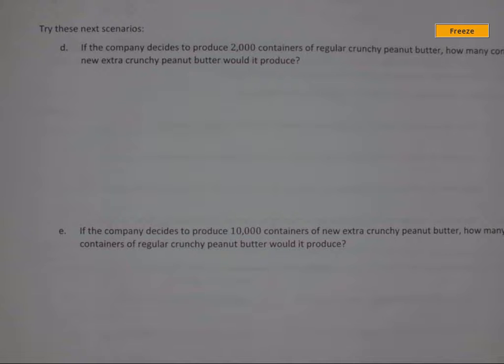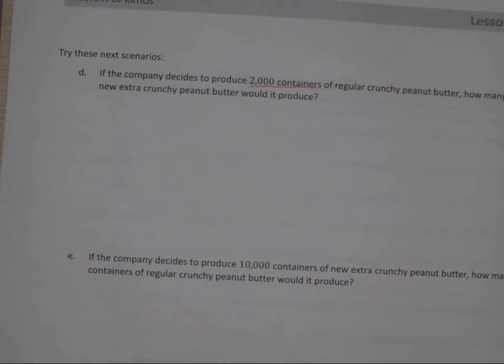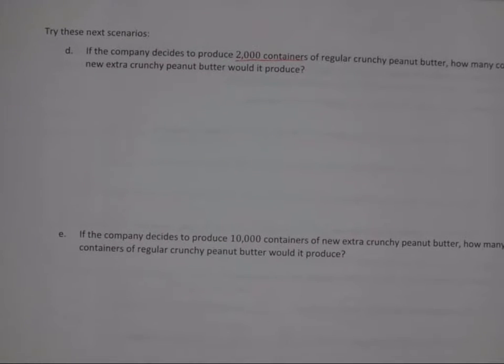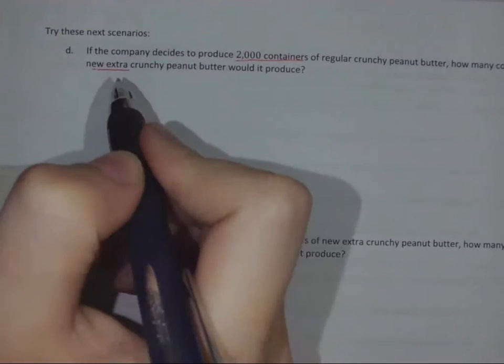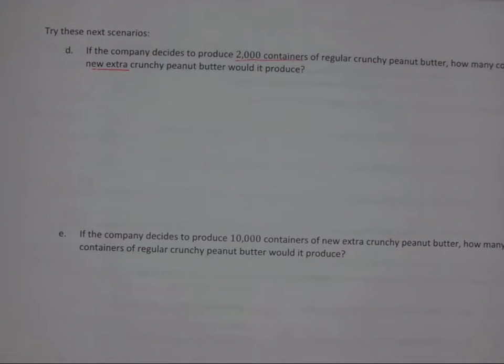Let's do parts D, E, and F together. If the company decides to produce a total of 2,000 containers of regular, how many containers of new would it produce?